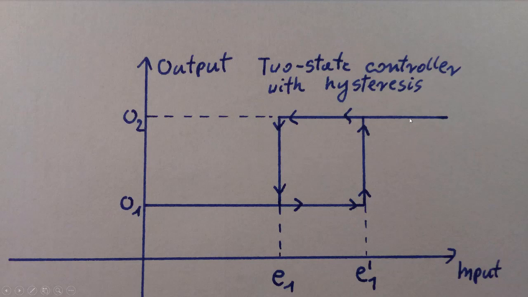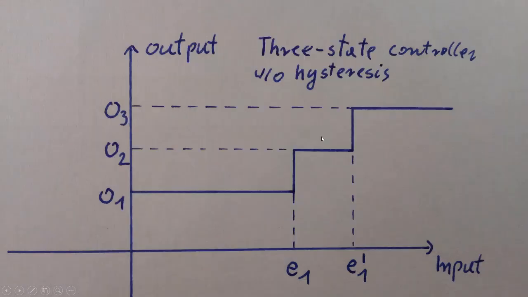What happens then? The input gets smaller, it goes with this flow, with the arrows, and it remains in the O2 state until it reaches E1. So we got this gap which delays the controller.